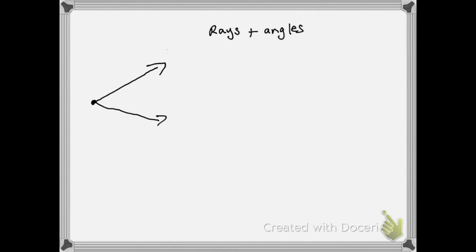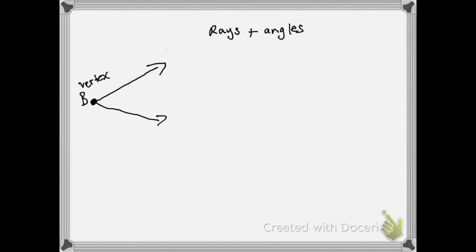This angle has a vertex, and it is right here, okay? This is the vertex at B. A vertex is just where the two rays of an angle meet.